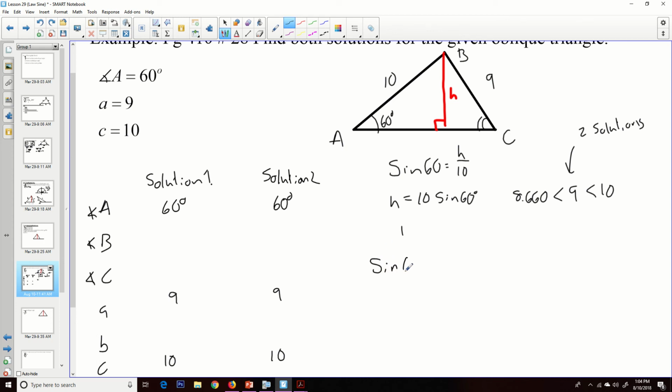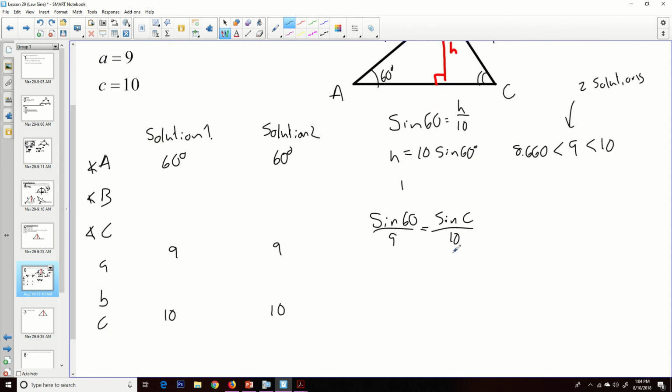It'll be the sine of 60 over 9 is equal to the sine of C all over 10. And so we're solving for C, so cross multiply and divide and take the inverse sine of both sides. We'll get the measure of angle C is equal to the arcsine of 10 sine 60 all over 9.